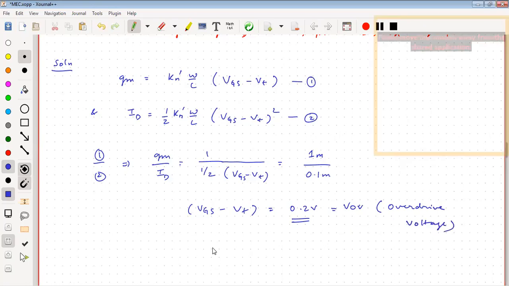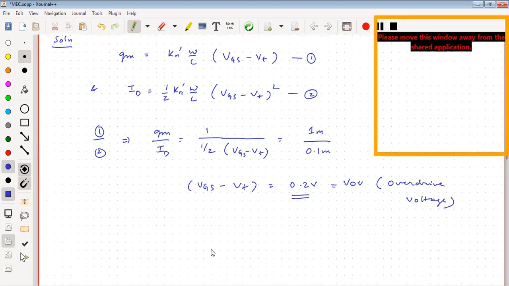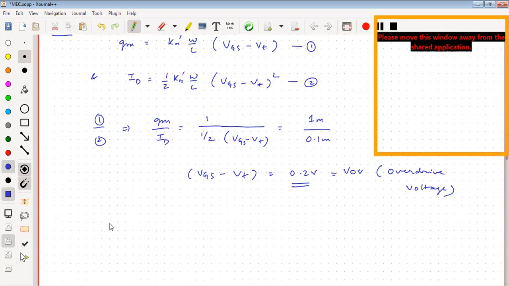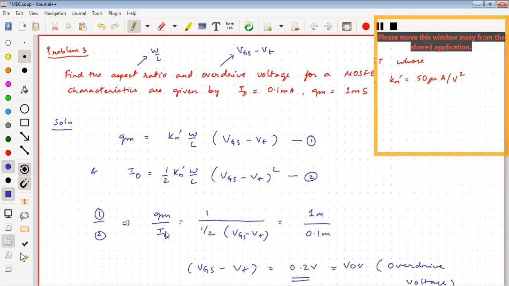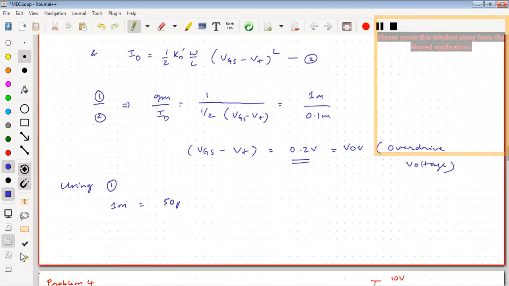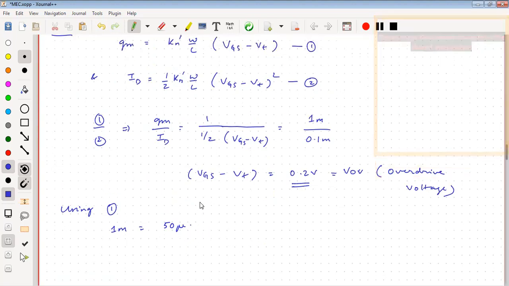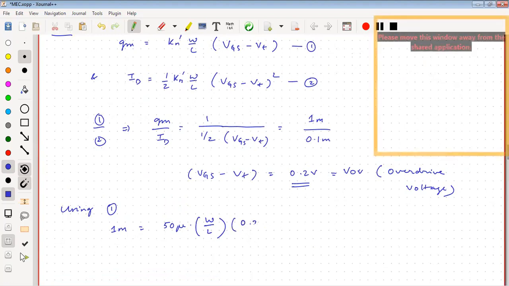Then I need to find what is the aspect ratio W by L. I think you can use equation 1 to straight away find the aspect ratio. So 1 milli is equal to Kn prime value, 50 micro, into W by L, which needs to be found, into VGS minus VT, which is 0.2.